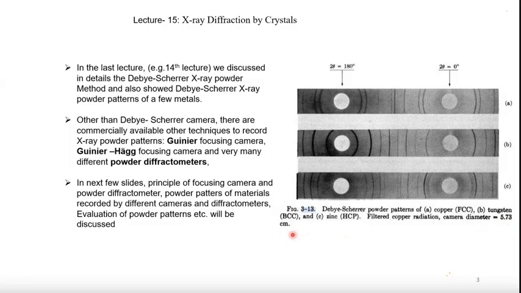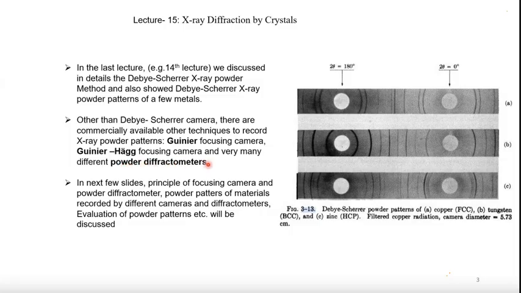centimeter. Other than Debye-Scherrer, there are many commercially available techniques to record X-ray powder patterns: the Guinier focusing camera, the Guinier-Hägg focusing camera, and powder diffractometers, of which very many are commercially available.